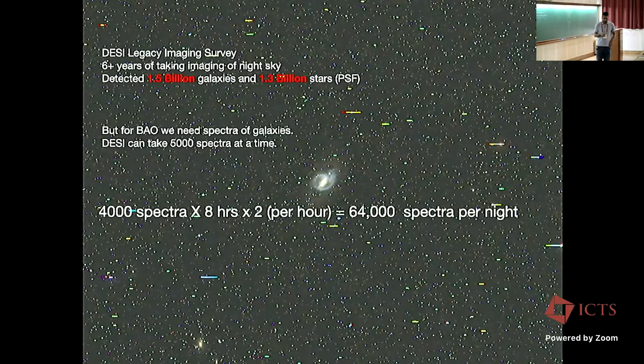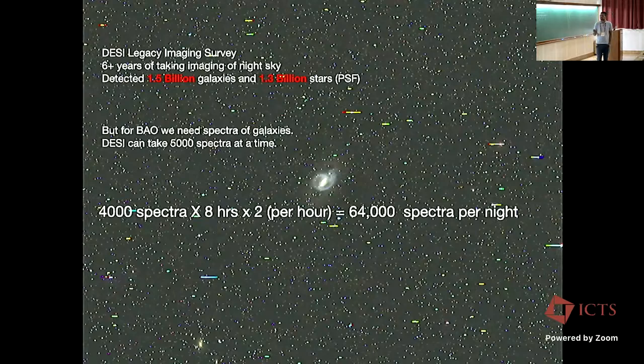Now, you also need to think about time. We want to do this survey in 5 years because we don't want to keep doing this forever, and we aim to do something in 5 years and see what kind of improvement one could get. Often a fraction of fibers do not work, don't go to the position. Some of them are used for stars because you want calibrations, you want to figure out the atmospheric lines and all that, so that you will be able to clean the data later on.